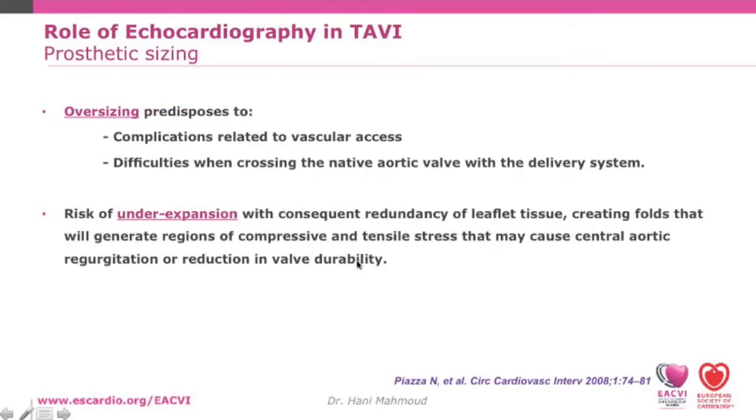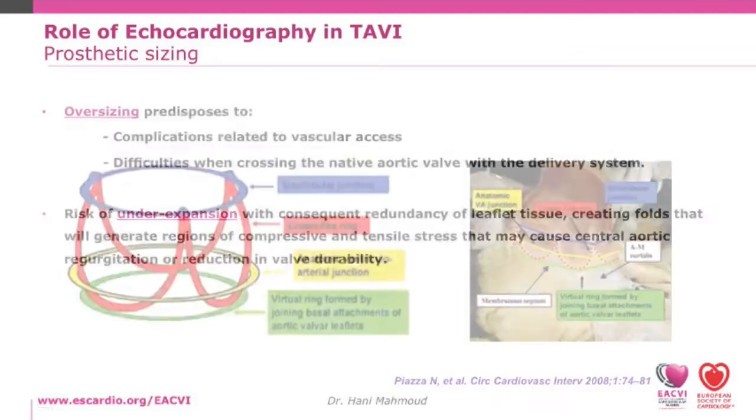Sometimes also a very overestimated annulus can cause overestimation of the prosthetic size. That will cause the prosthetic leaflets to lose their native shape, or it will not be fully expanded, fully open. That will cause some wrinkling inside the prosthesis itself, causing central regurgitation.